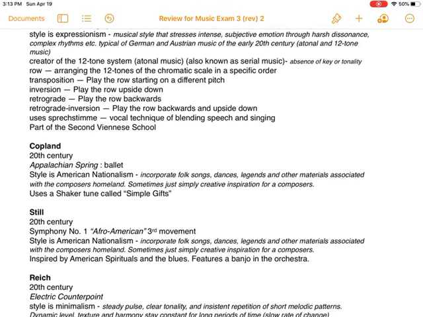And certainly this melody was already popular before Copland used it, but became even more popular.